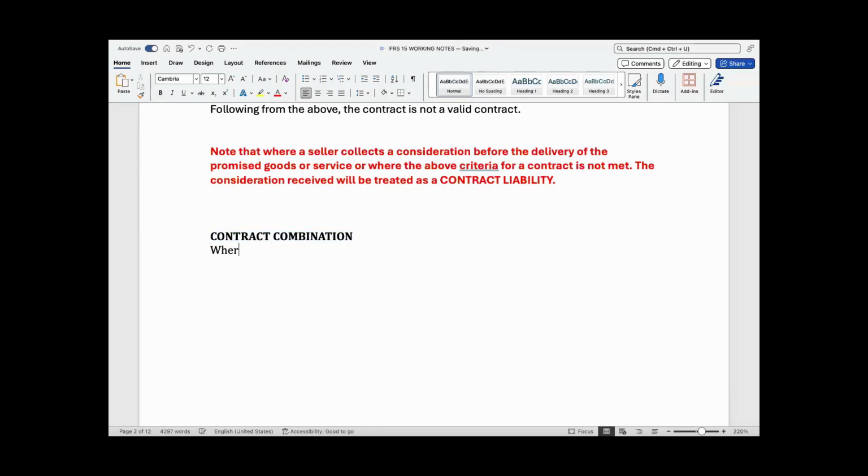What we are talking about here is where a contract is carried out at the same time with the same customer, the contracts can be combined if it meets the following criteria.